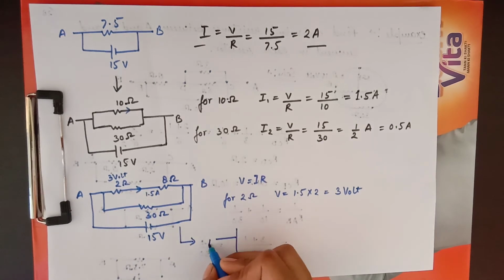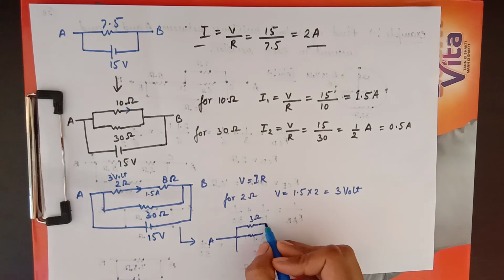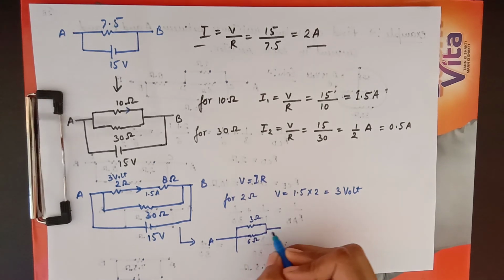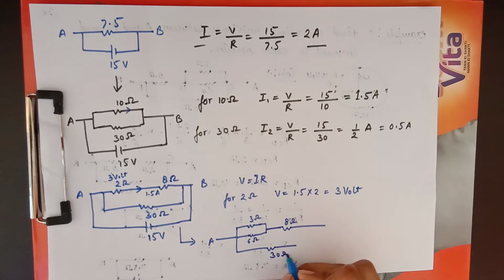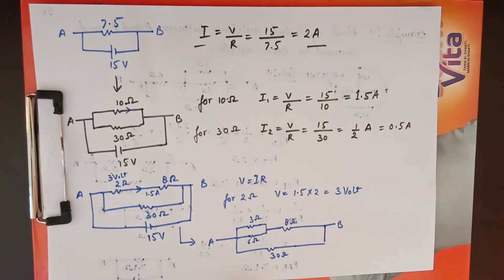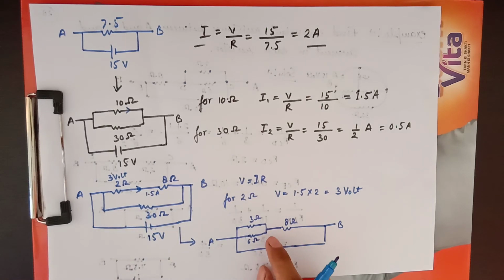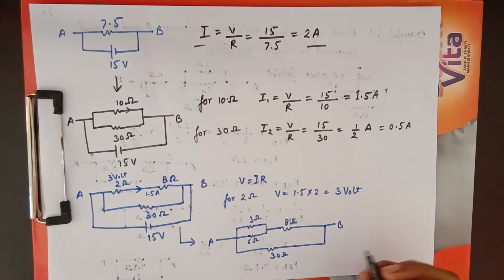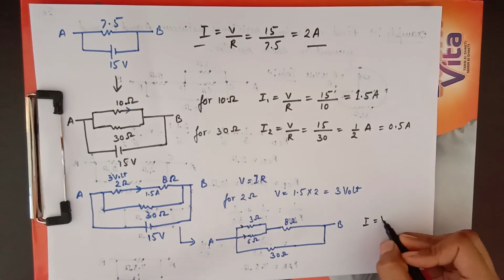So this is point A, 3 ohm, 6 ohm, and 8 ohm and 30 ohm, and these are all connected with point B. Now we will calculate the value of I for 3 ohm and 6 ohm, as the 2 ohm is bifurcated into two parallel resistors, that is 3 ohm and 6 ohm. So again from Ohm's law, V = IR and I = V divided by R.